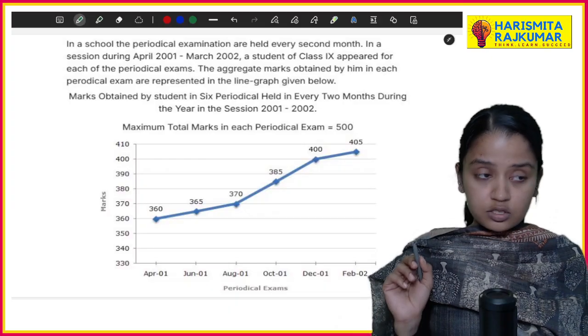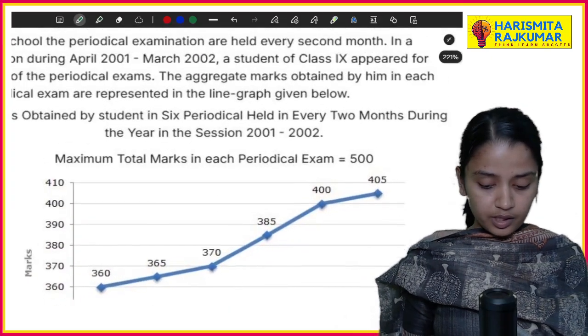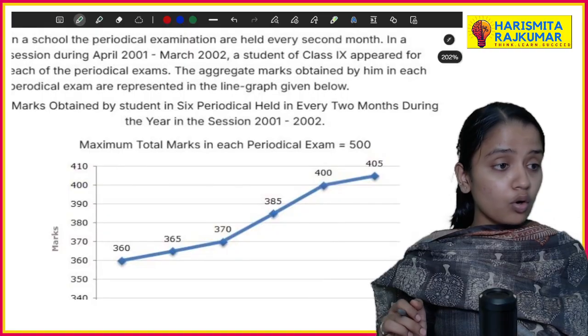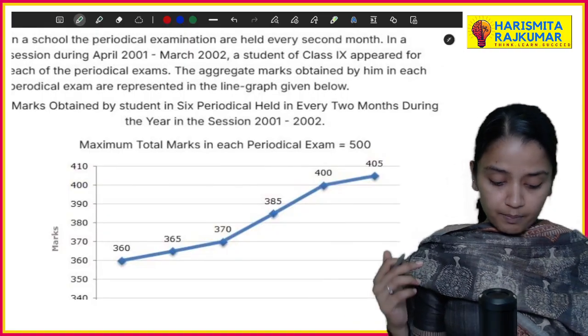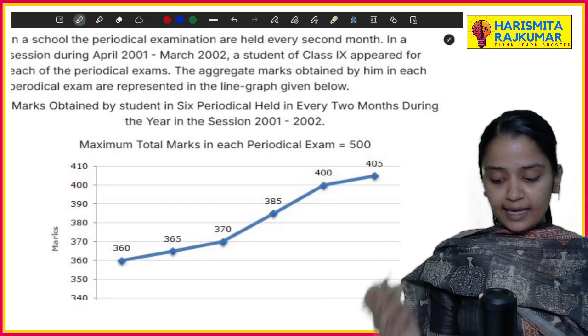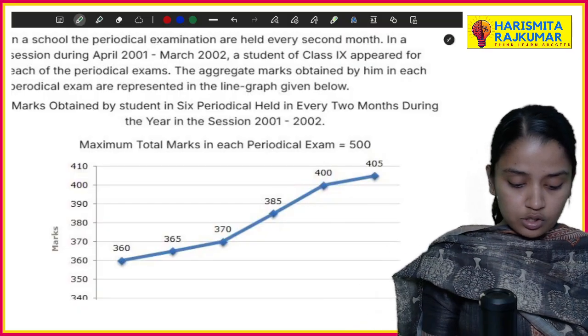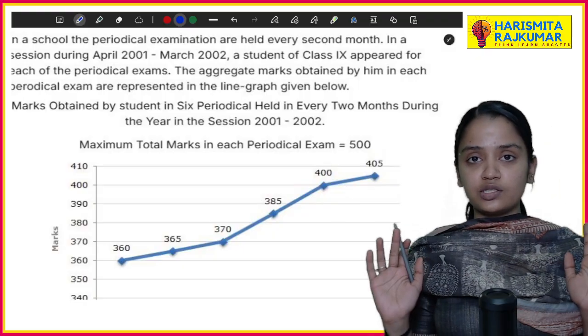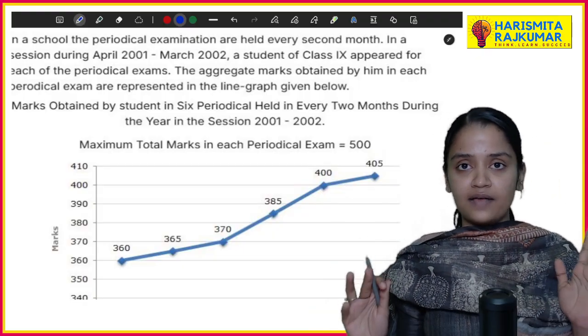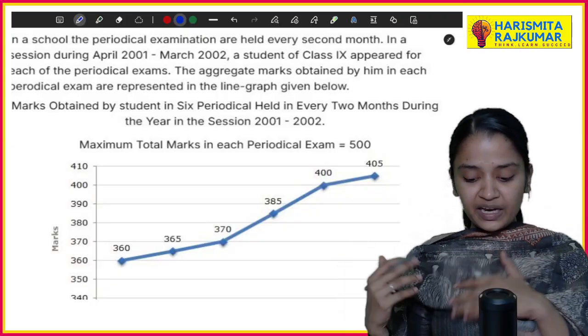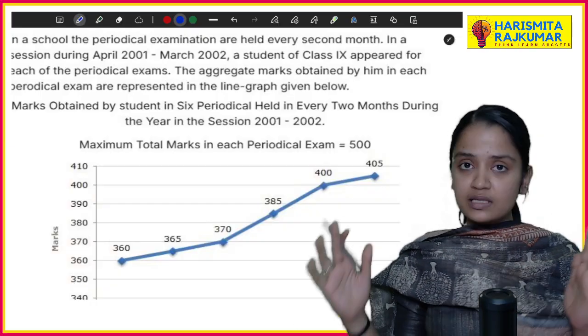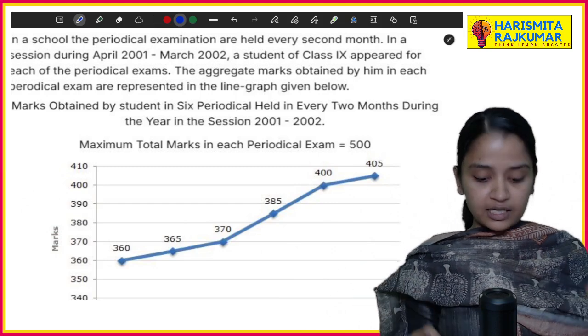So this is marks obtained by a student in 6 periodical exams held every 2 months. It is a periodical examination, so every 2 months it is held and his marks are given below.